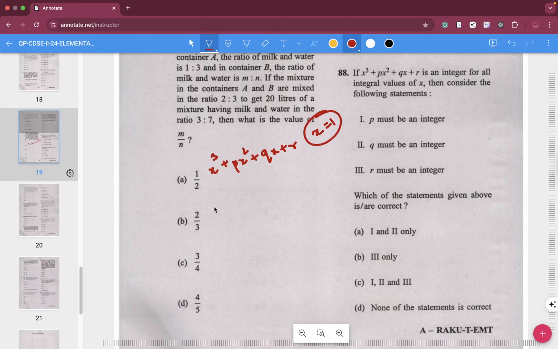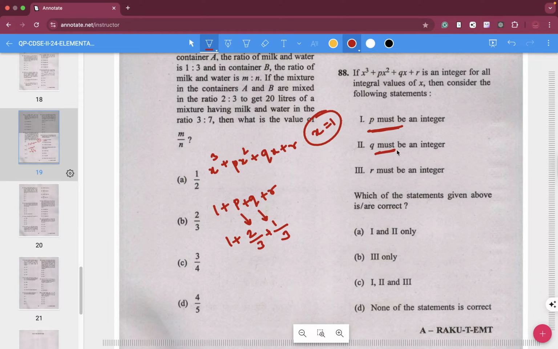Then this is 1, this is your p, this is your q, and this is your r. It is saying p must be an integer. Is it necessary for p to be an integer? What if the value of p is 2 by 3 and the value of q is 1 by 3? In that case, that works out.